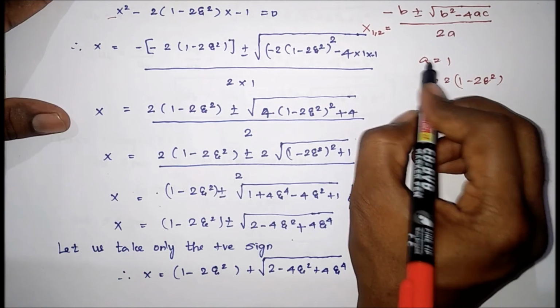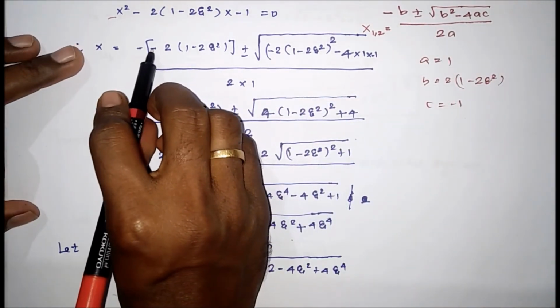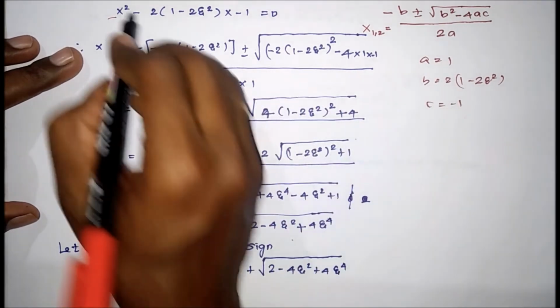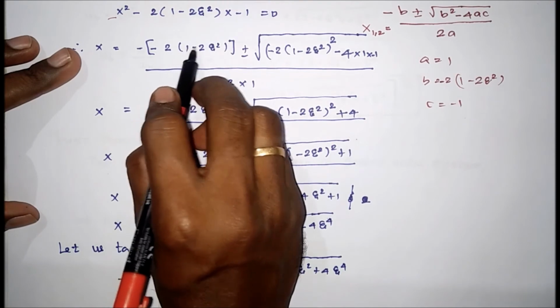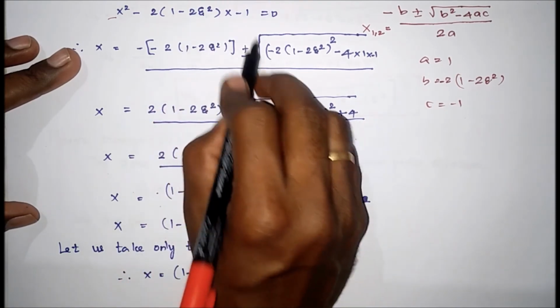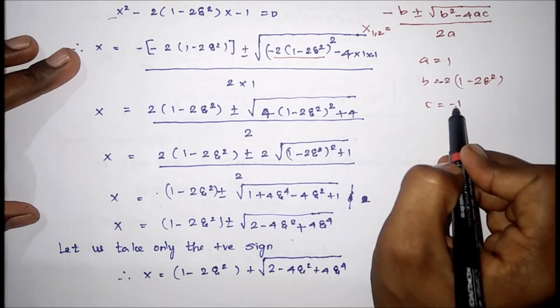So we have to substitute the a value, b value, c value into this equation. So now minus b value: here b is minus, therefore minus b equal to 2 into (1 minus 2η square), plus or minus square root of b square minus 4ac, with c equal to minus 1.